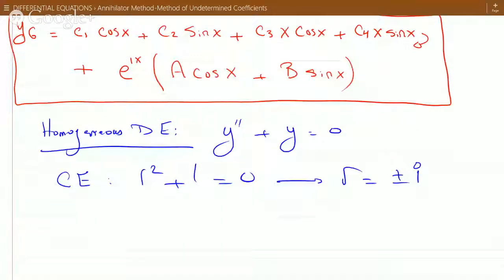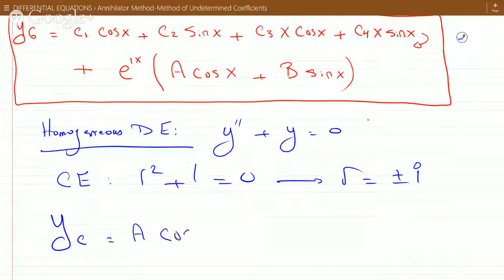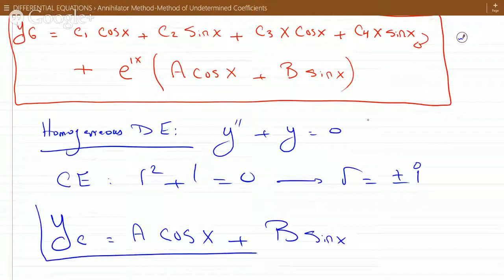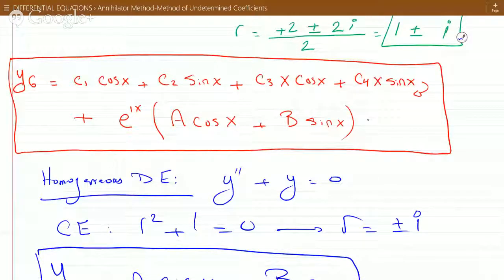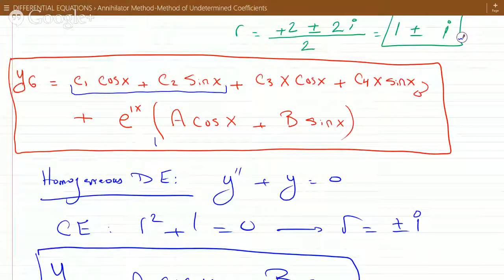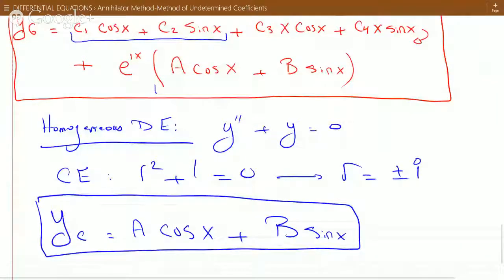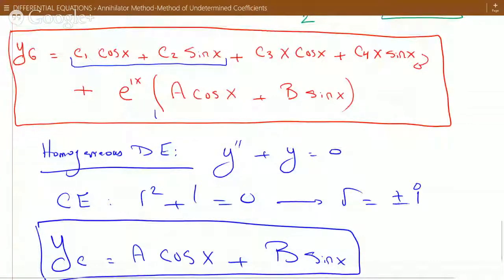Which means y complementary is the sines and cosines because these are complex conjugates. So we get a cosine x plus b sine x. So this is y complementary, which is part of your general. So take that out.